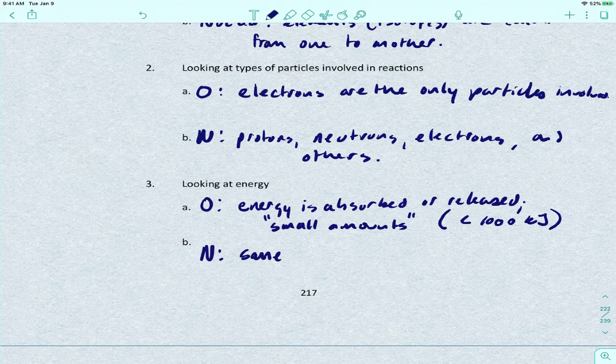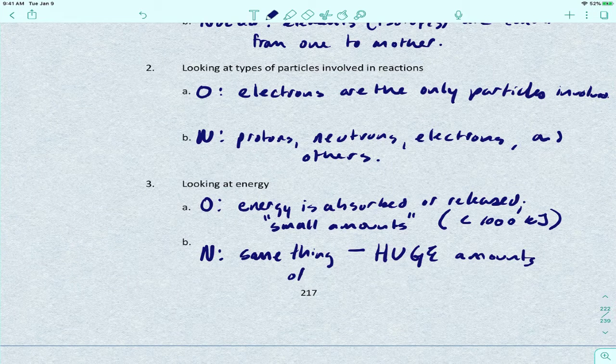For a nuclear reaction, same thing: energy is absorbed or released. But we're talking about huge amounts of energy, so we're talking about megajoules, or you may hear of energy being talked about in terms of megatons.